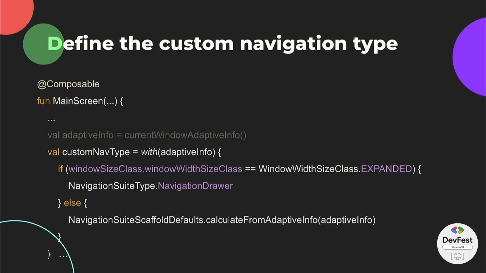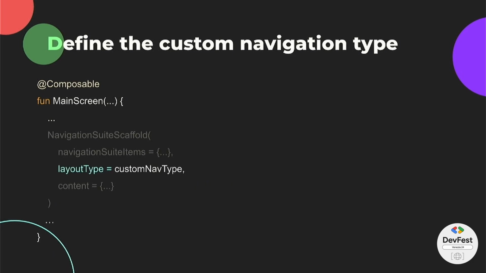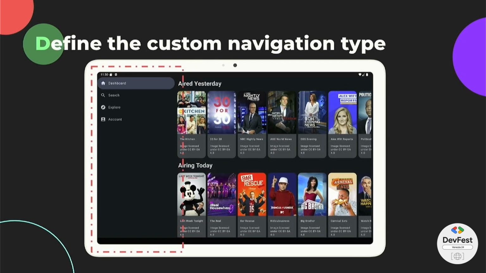So I'm saying the navigation suite scaffold should use whatever tooling it has as default under the hood, or I can override it and tell it, no, I want you to use the navigation drawer when it's expanded. And then for the layout type, you just pass in the custom navigation type which you've created, and then this is how it will look.